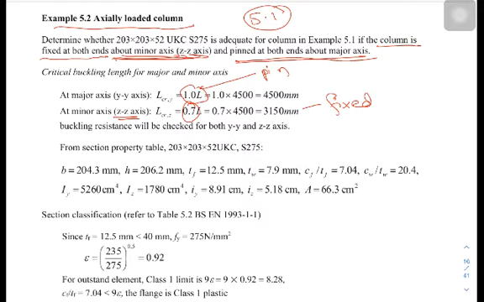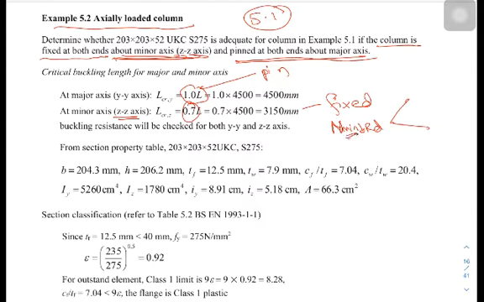Okay, so in this case, you need to check the NbRd, meaning to say that you need to check for the flexural buckling resistance in compression for both axes.